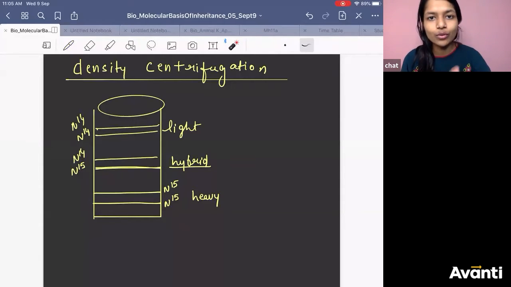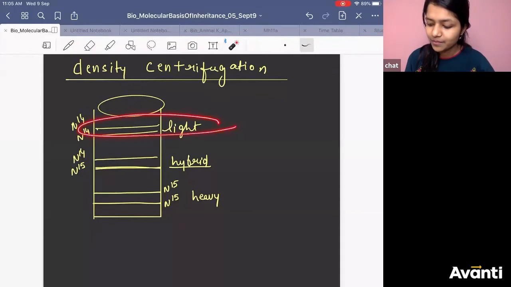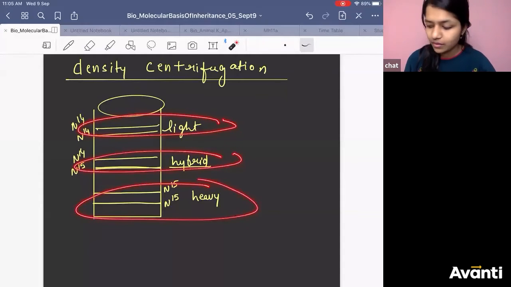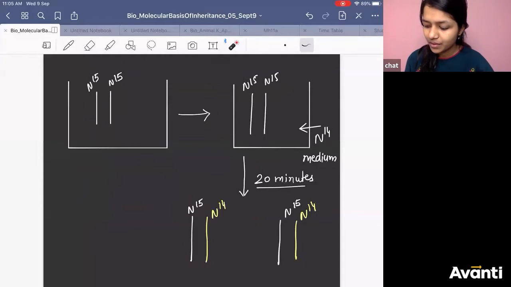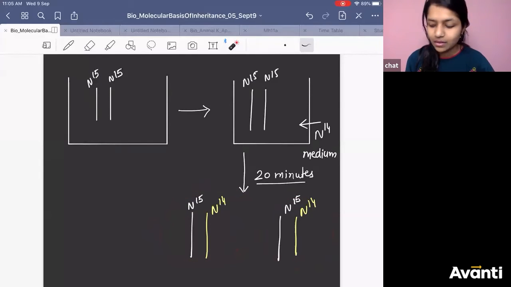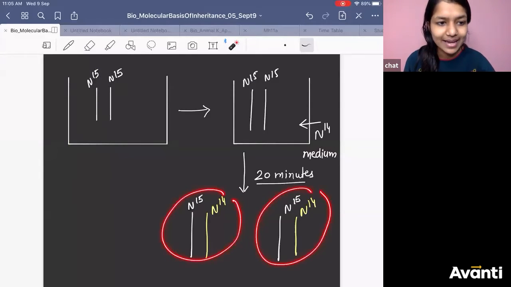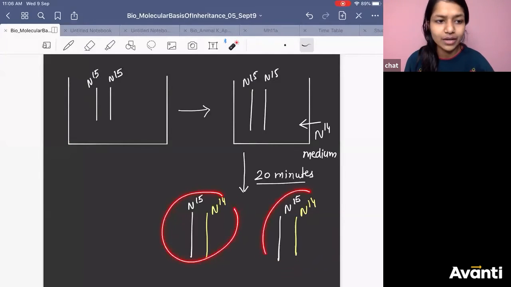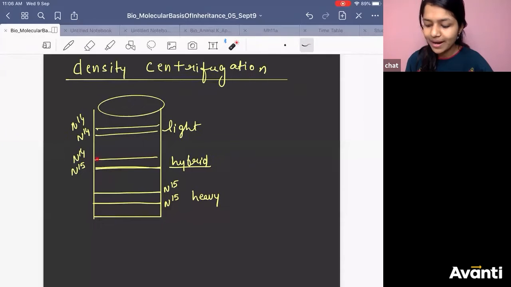So when they grew it for one generation, what will be the result? Tell me. Will they get a light band, hybrid band, or heavy band? N15, N14, N15, N14. What is it? They are going to get a hybrid band.